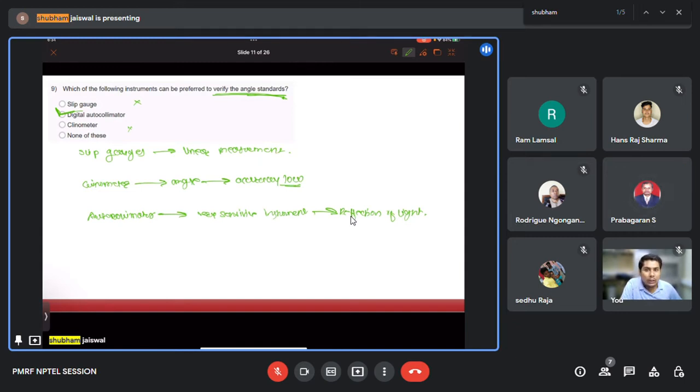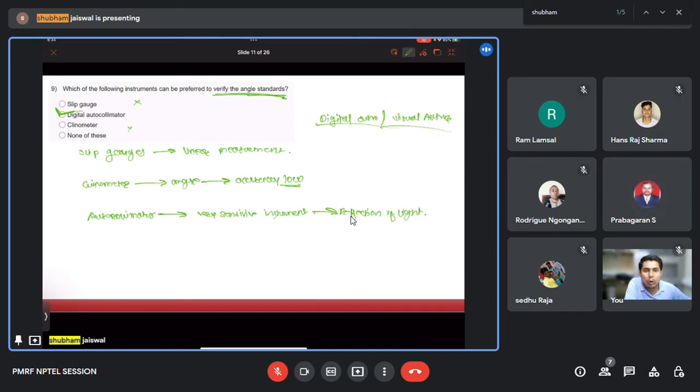But if two options are given, like a digital autocollimator or a visual autocollimator, both are accurate, but the most accurate one will be the digital autocollimator.